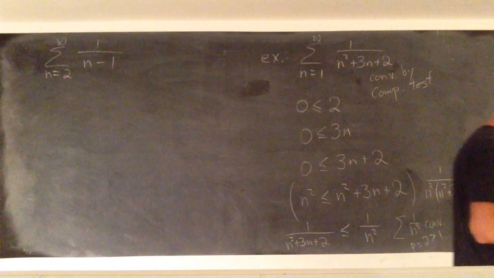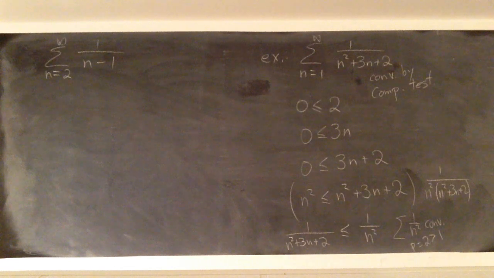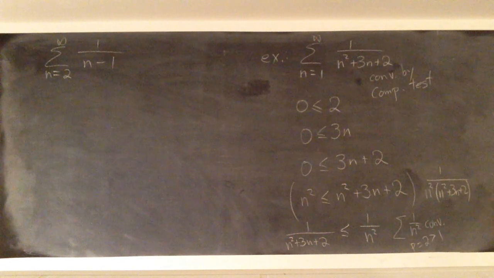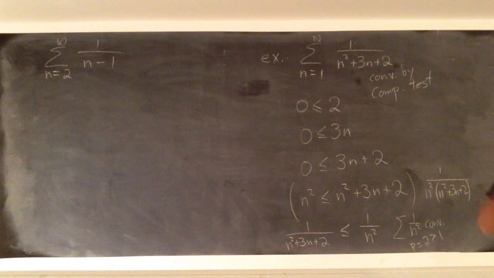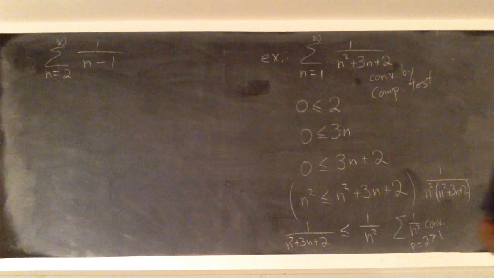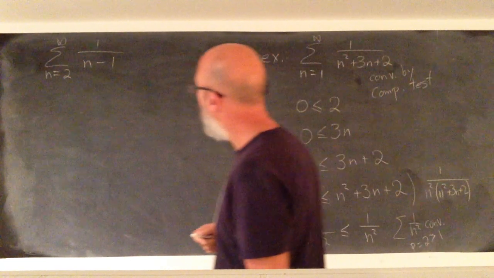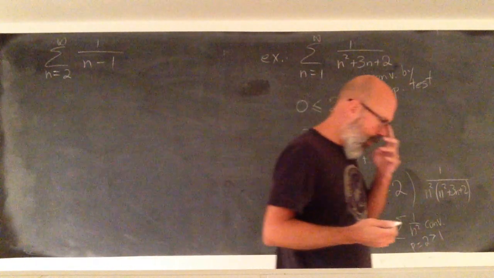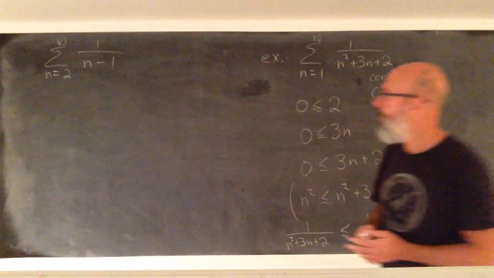Consider 1 over n minus 1. Again, you have many options here, but let's do a comparison test. We have to start with an idea of whether this converges or diverges.